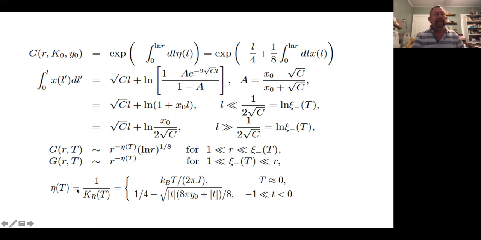And this η(T) is just 1 over πK_R, the normalized coupling constant at T. And this is linear in temperature if we're at very low temperatures. And if we're slightly below Tc, it's a quarter minus this temperature dependent quantity. You can check all these calculations for yourselves.